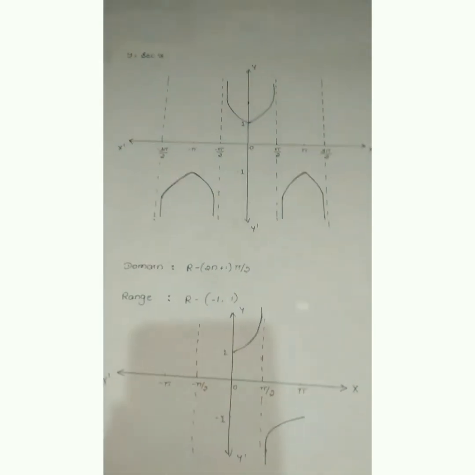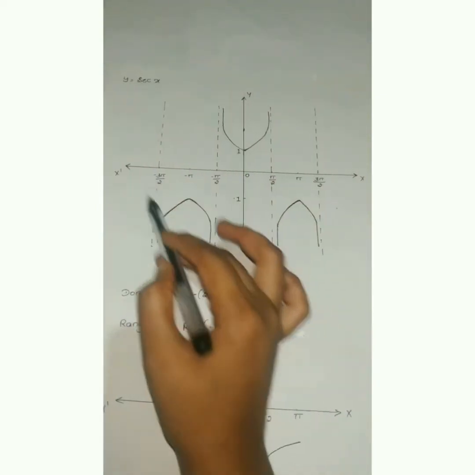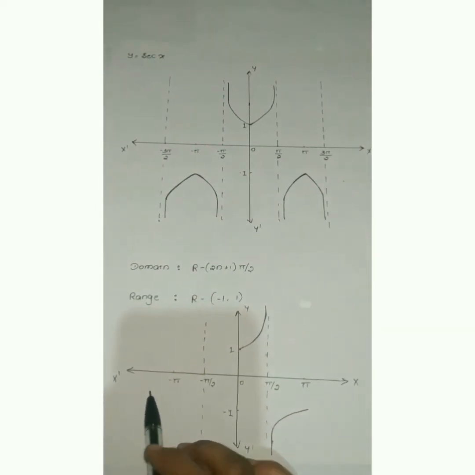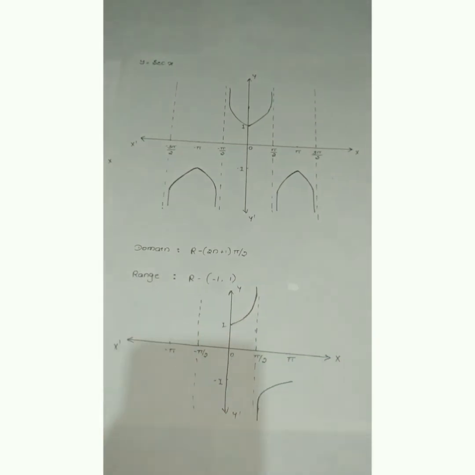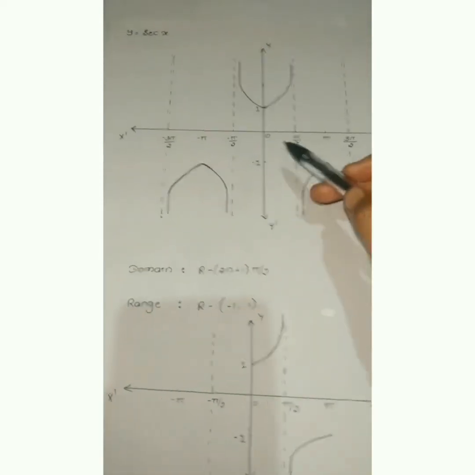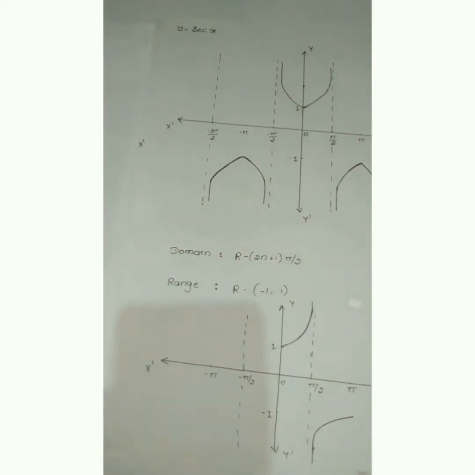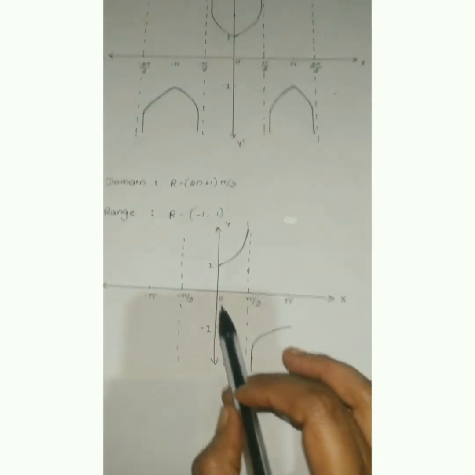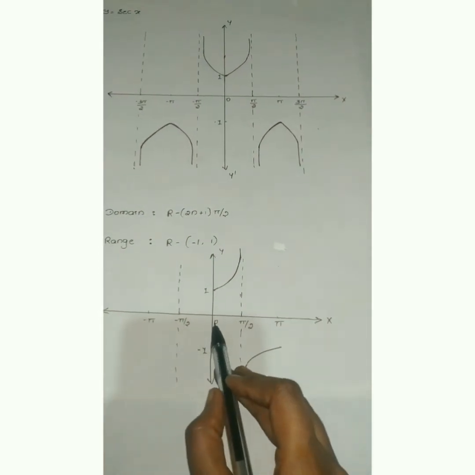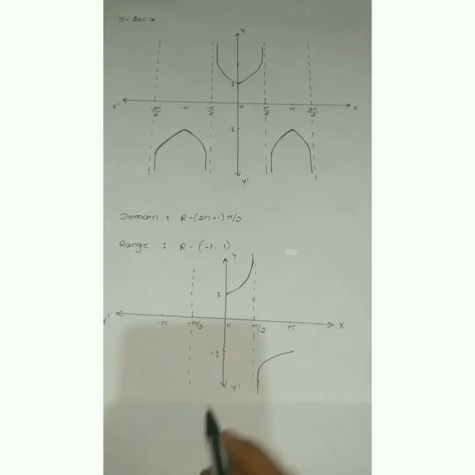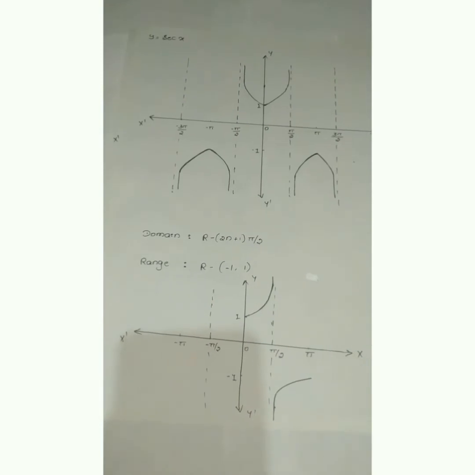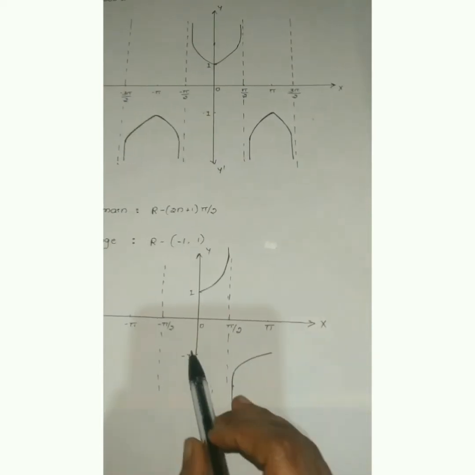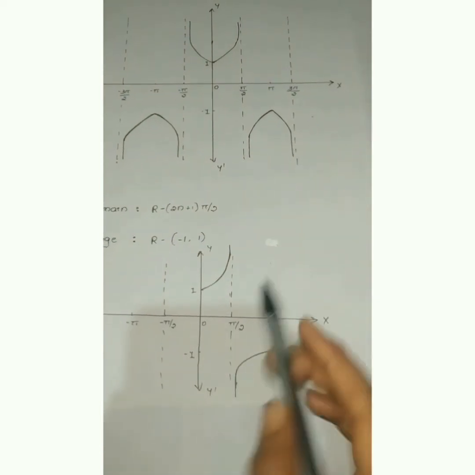Secant function is also not bijective over its natural domain and range. Restrict the domain values. Now, observe this graph, restrict the domain values from 0 to pi except pi by 2 values.